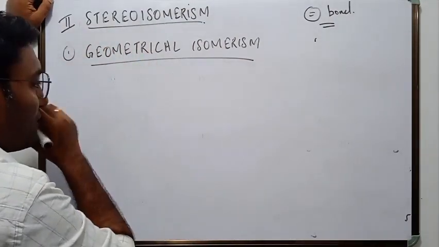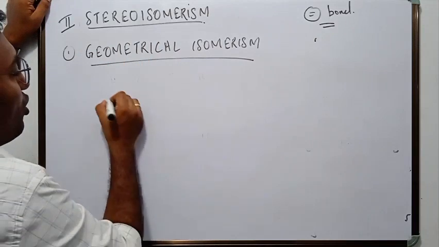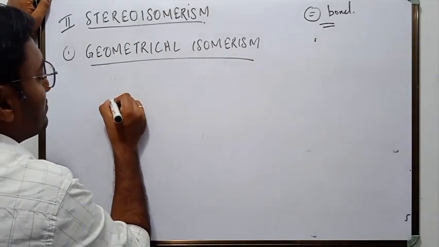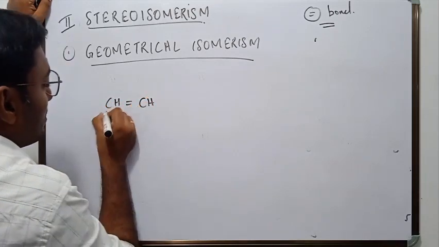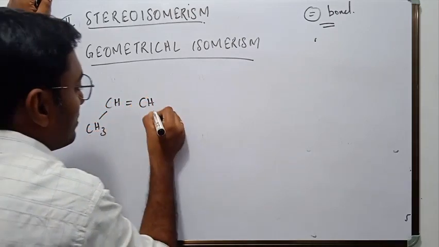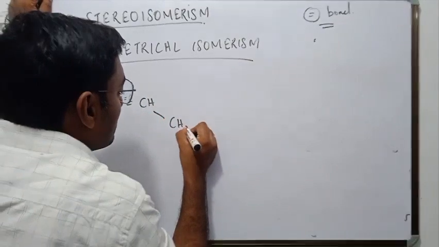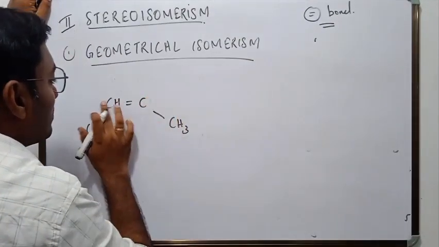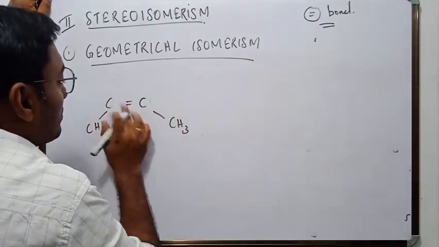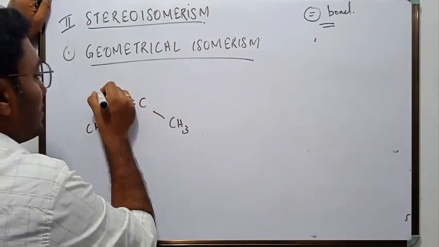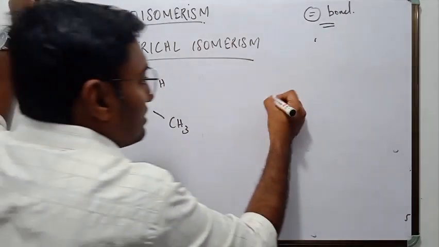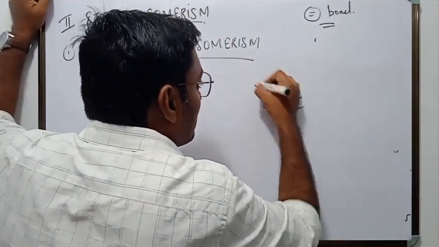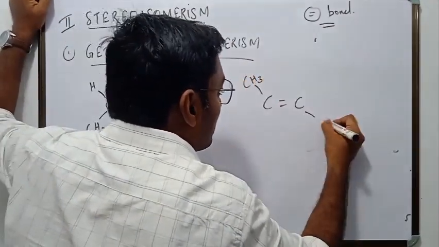Here I am taking the example of butene. This is cis butene, and here we go for trans butene.